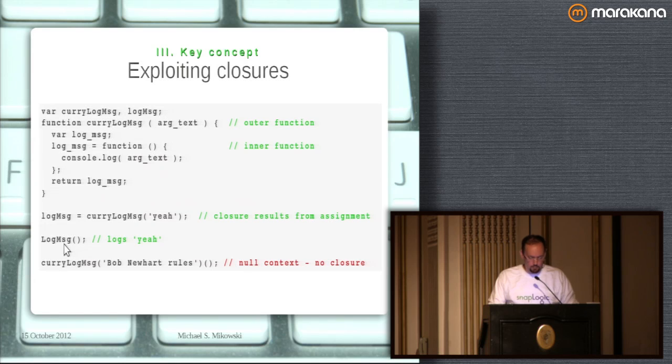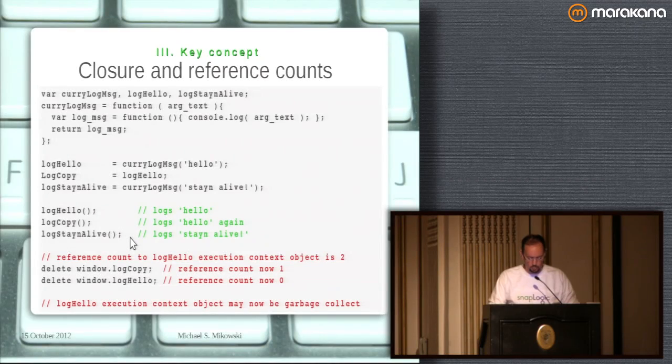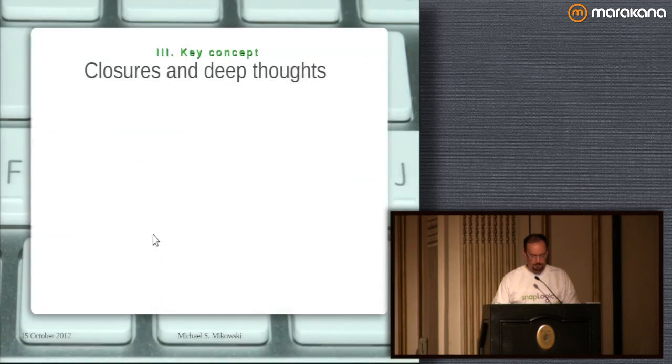So from that point forward, whenever I run this log message function, it's always going to log yeah. I can call curry log message a number of additional times with different values, but my original function that was returned is always going to have the closure over that yeah word there.